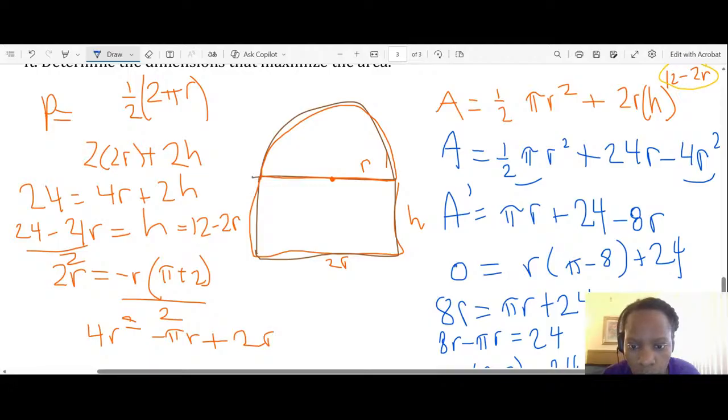So the solution I'm going to just put down, because I don't want to do it all over again. H is equal to 3.3. H equals R?